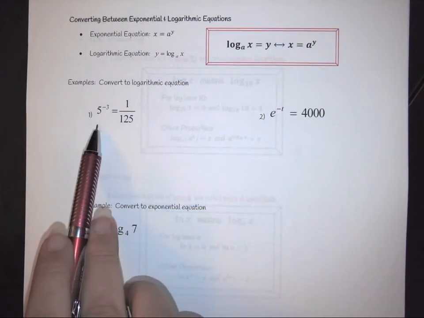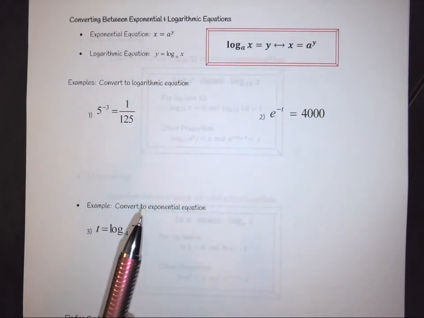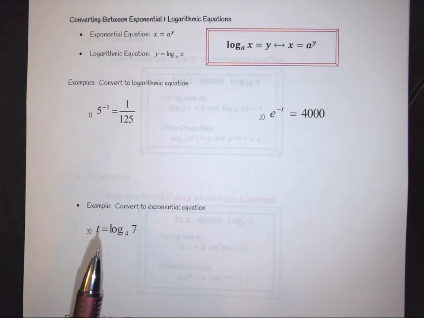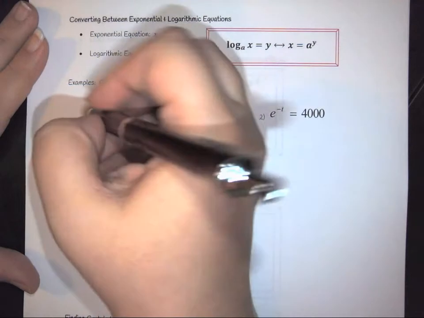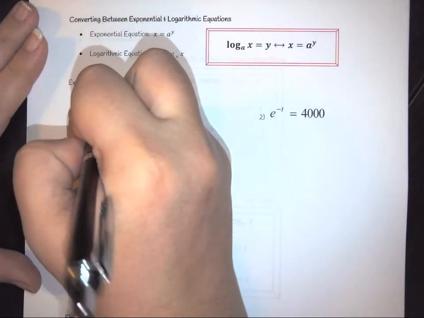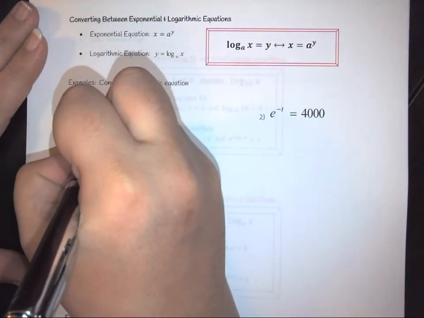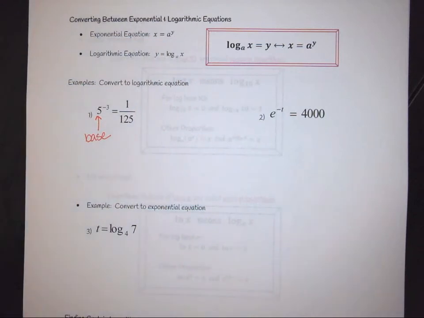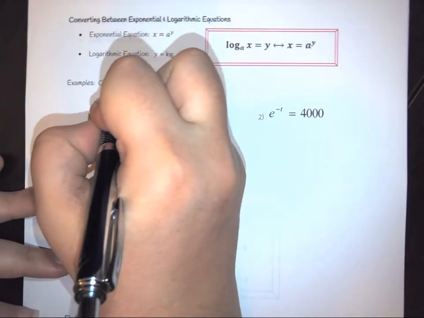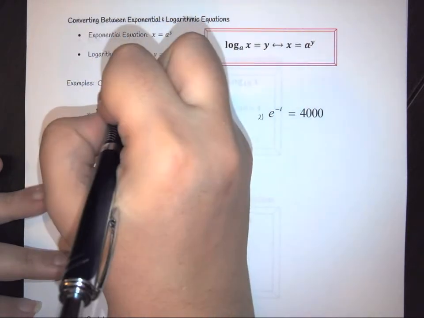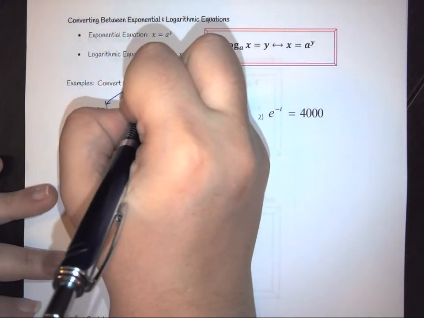So here I have 5 to the -3 is equal to 1 over 125. What I have to remember here is that my 5 is your base. This exponent here is what you are going to equal.